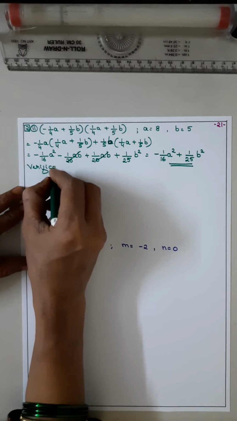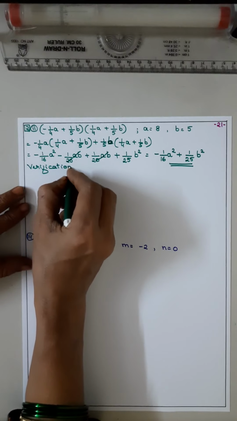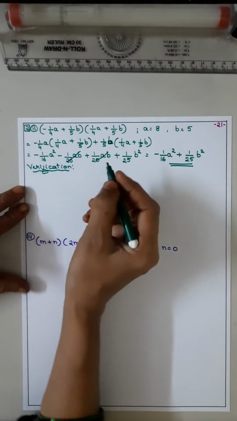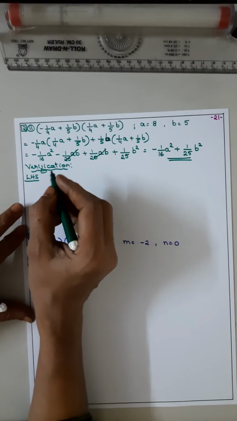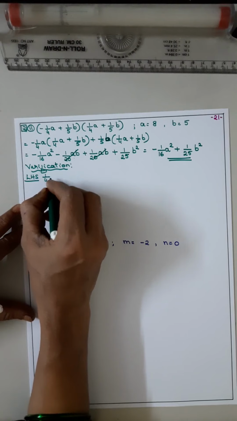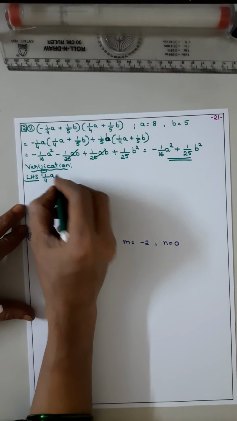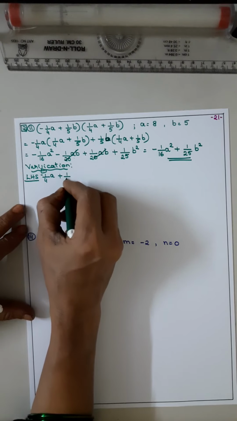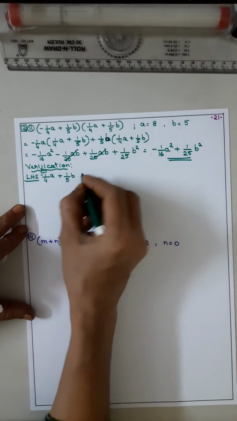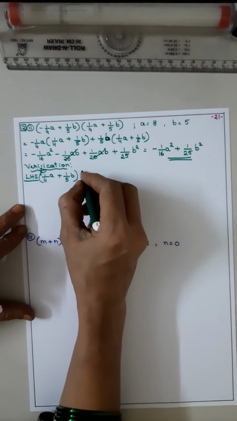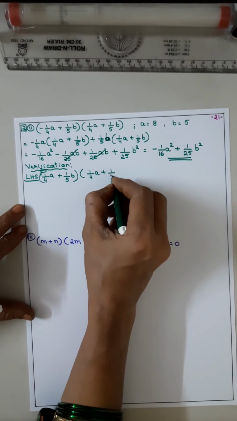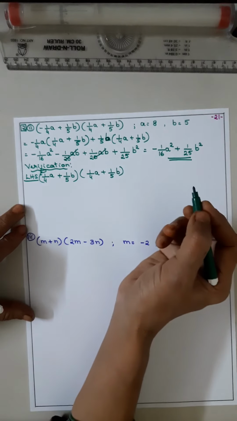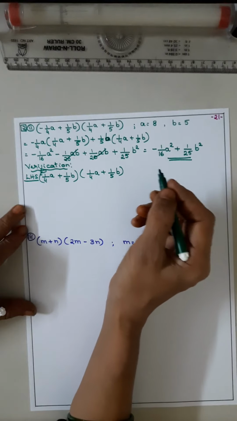Now it is verification. Now LHS, it is 1 by 4 minus 1 by 4a plus 1 by 5b, 1 by 4a plus 1 by 5b. Okay, now put the values.